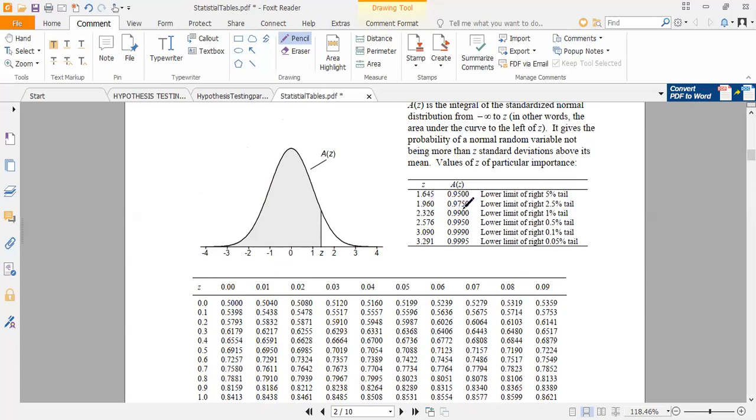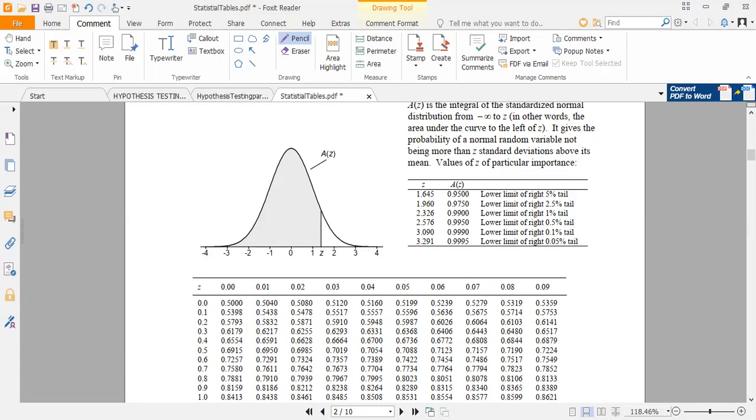At 97.5, it has 1.96. Then we have 2.33 at 99%. This is for a single tailed test, which is the right tail. Okay, 99.5%. Although that may confuse you, but at least you may have a chance to know partially.